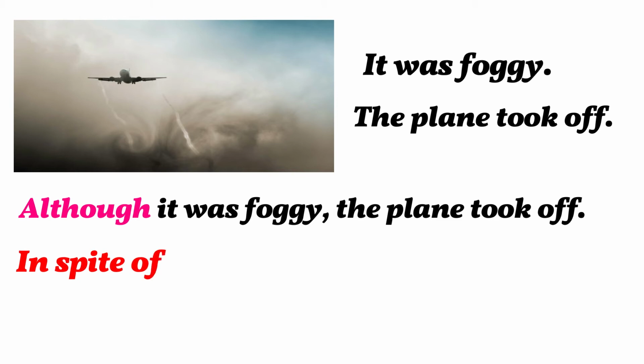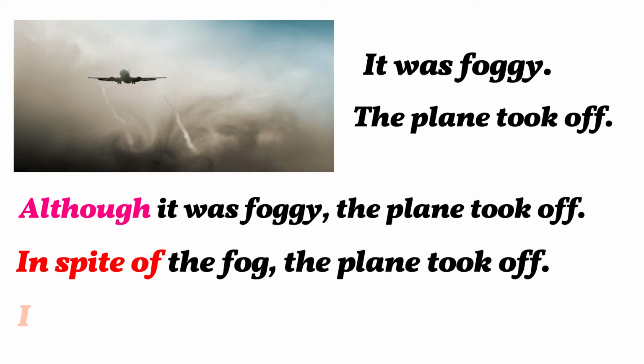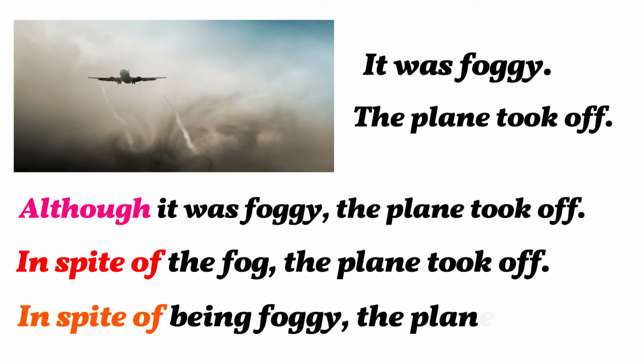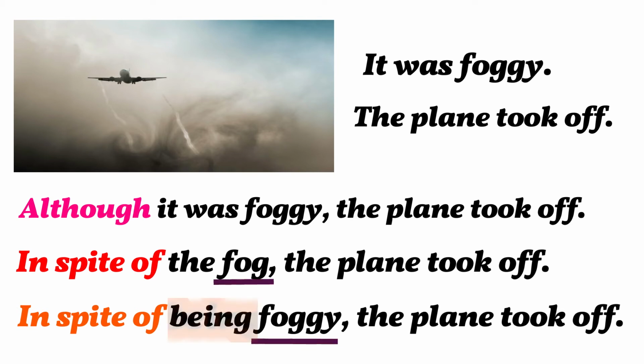In spite of the fog, and the fog is a noun, the plane took off. Or, in spite of being foggy, the plane took off. Of course, there is a comma. So, fog is a noun, and foggy is an adjective, but we have being foggy. We have being, because it was foggy, that's to be. So, be plus ing. In spite of being foggy, the plane took off.